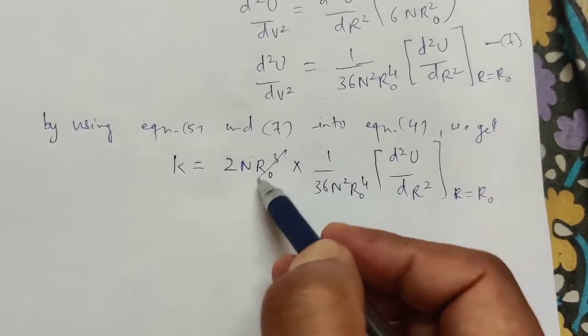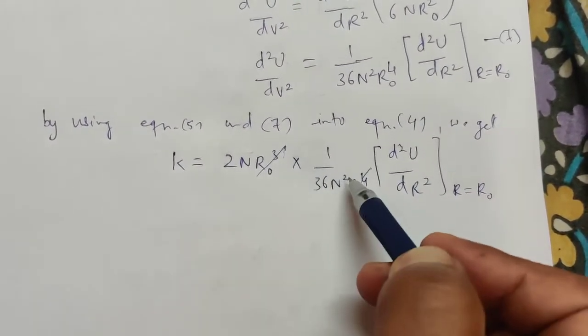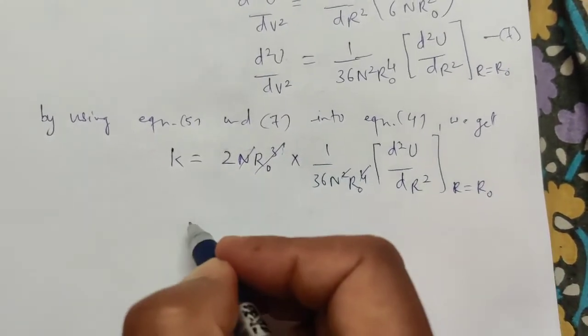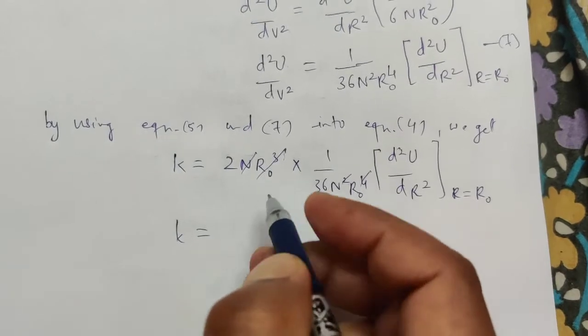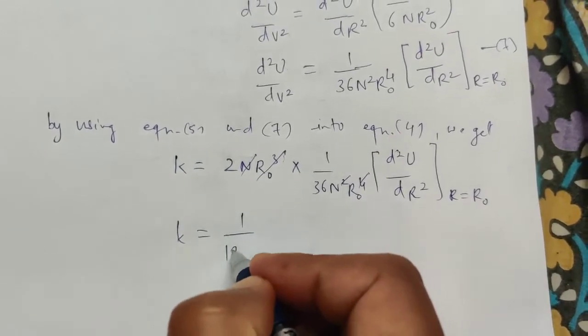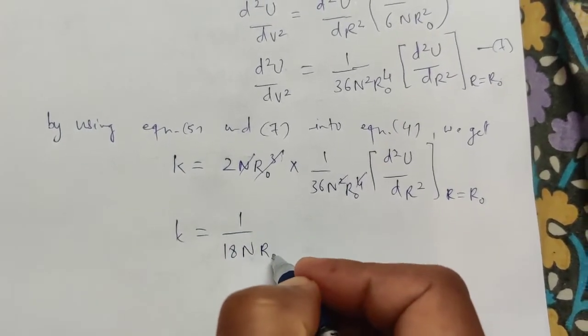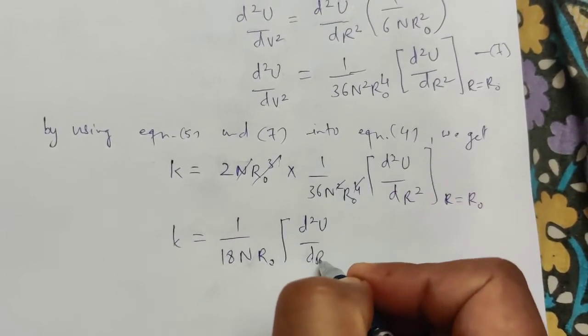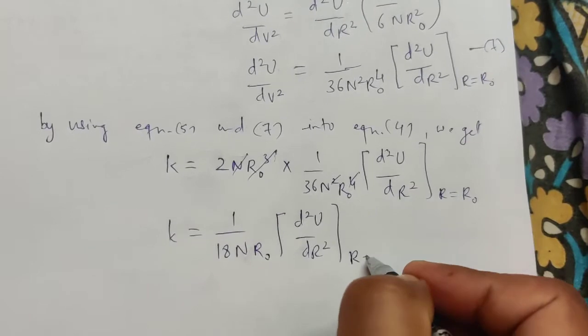So this will cancel, and this will also cancel, so K will be 1 upon 18 n r naught into d square U upon dr square at r equal to r naught.